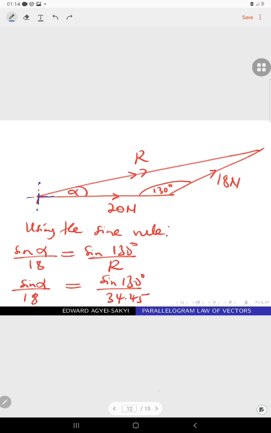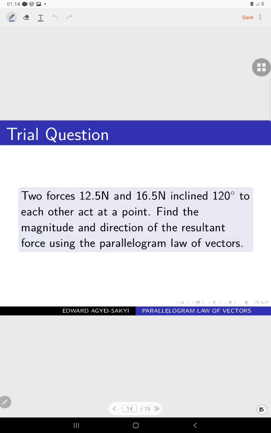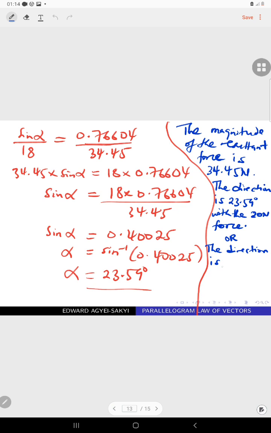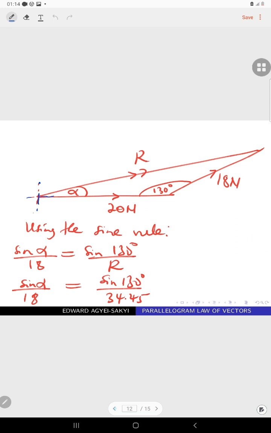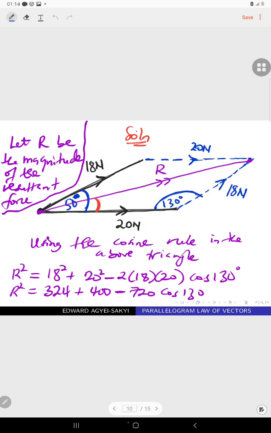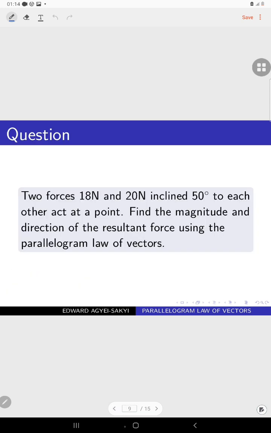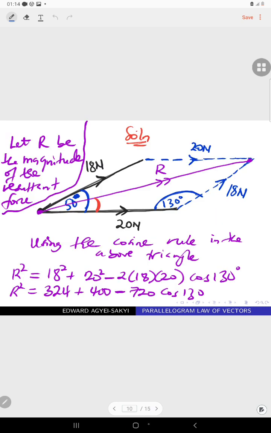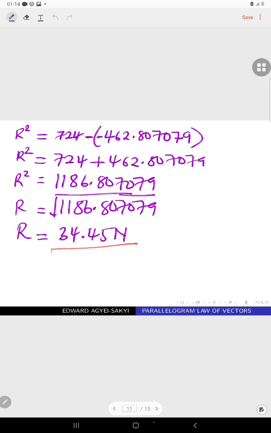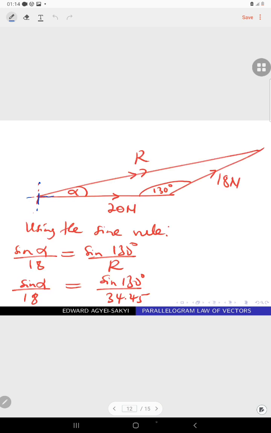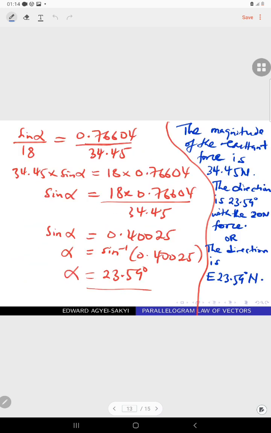So east 23.59 degrees towards the north. So that is how you solve this question. This was the question. We started from here, we continued here, got to this place and eventually ended here.